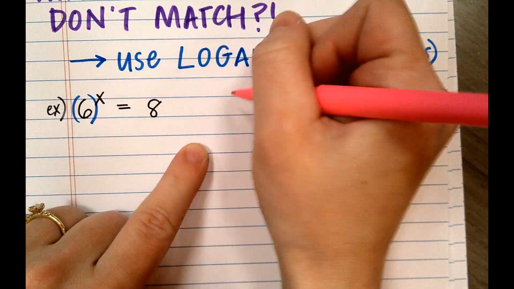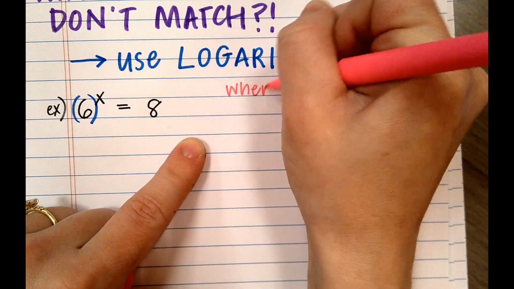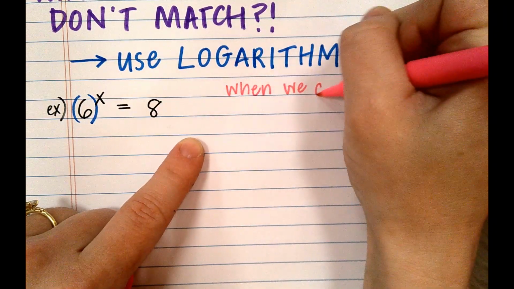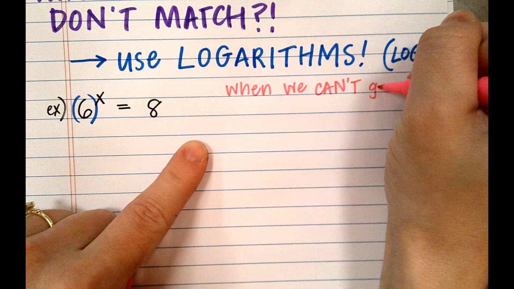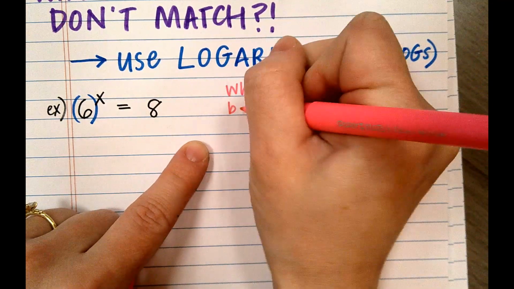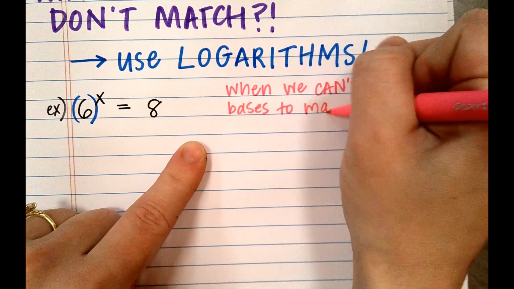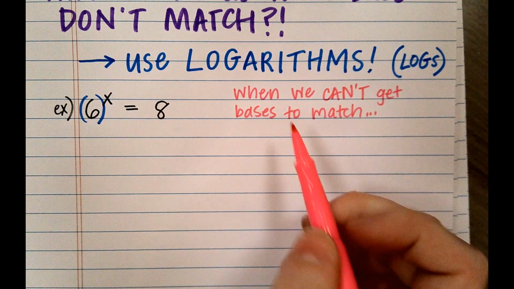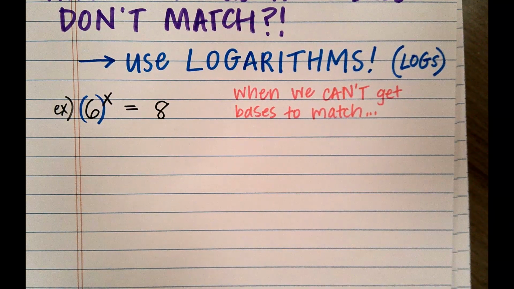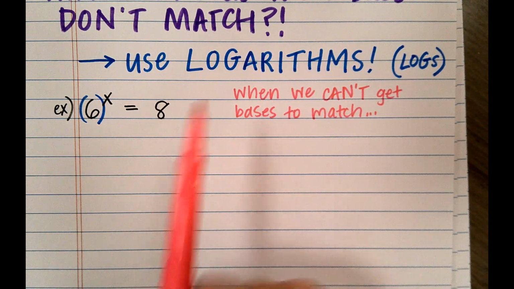I'm going to make a note that says, when we can't get bases to match, what we do is, it sounds odd, but this is how we say it, we're going to take the log of both sides.